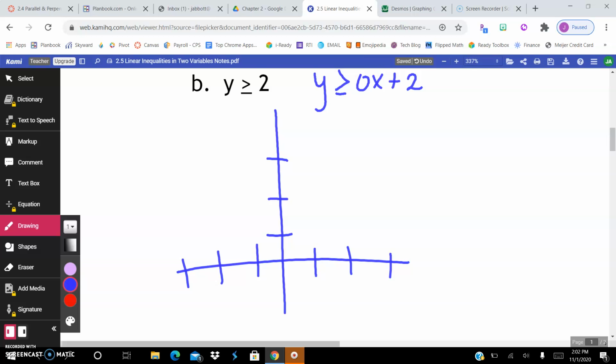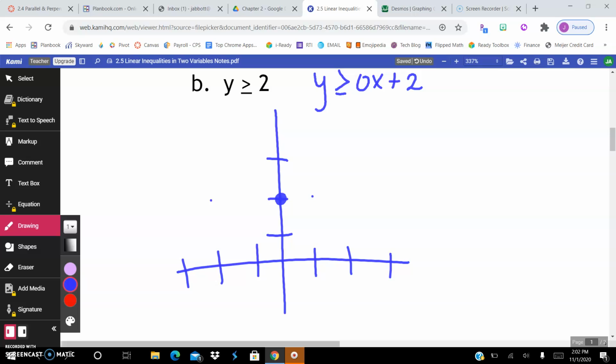So our b value, our y-intercept, is +2. So I'm going to put a dot at +2. And our slope is 0. So that means we're not going to go up or down anything, but I can move left to right. So we can put a dot here, we can put a dot over here.